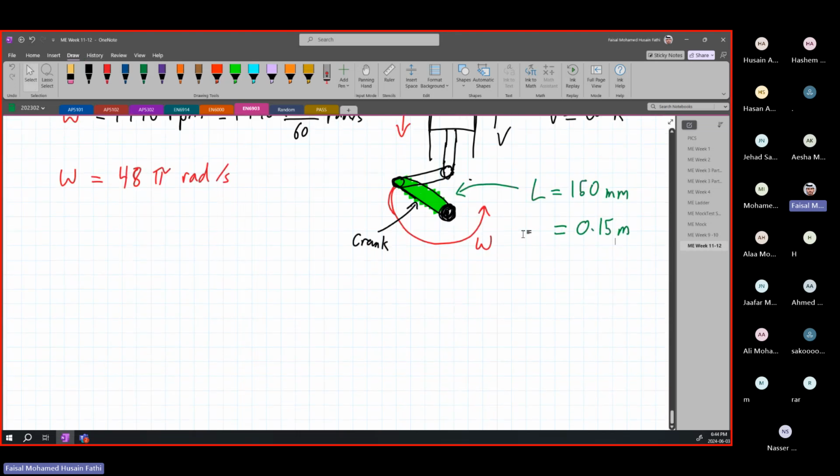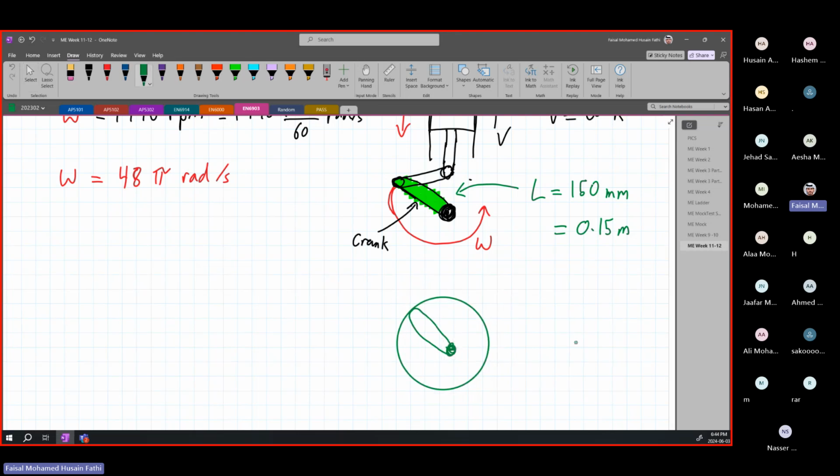If you notice, like I said, this is the thing that is rotating. If we're looking at our shaft, this is going in a circular motion. Let's say this is the center, meaning that this is also our radius.